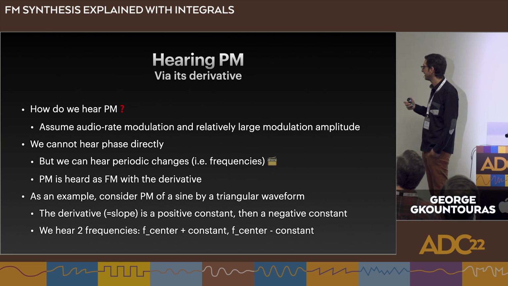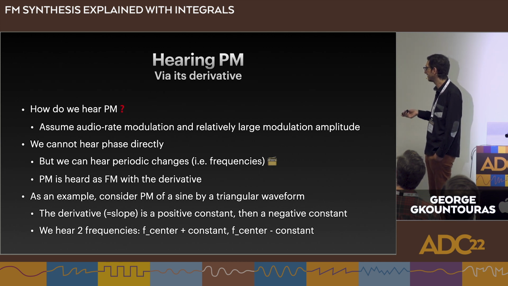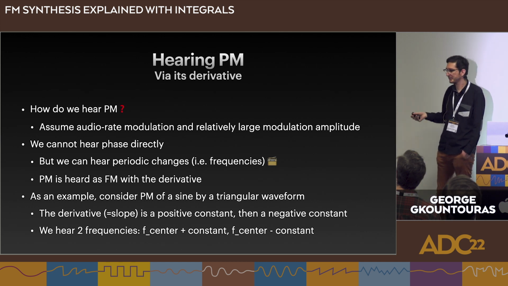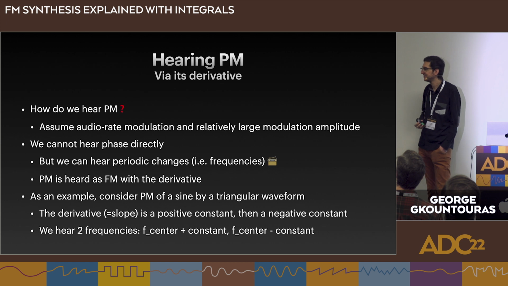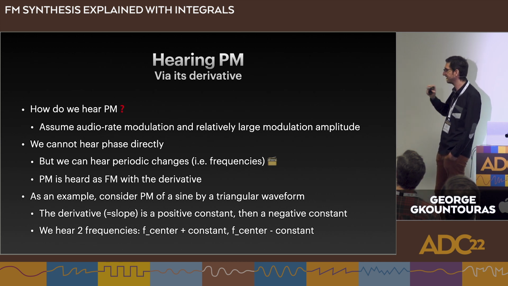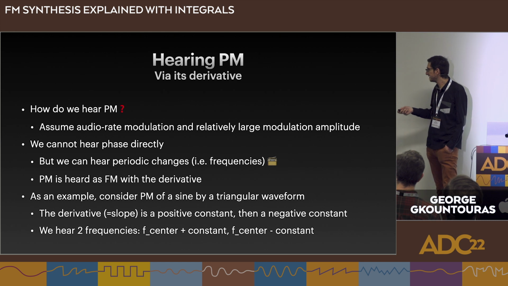So when we have a PM signal, what we actually hear is FM with the derivative of the PM signal, so with the derivative of the modulator. And this is an important insight here.